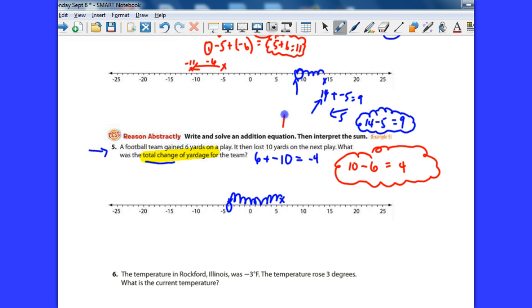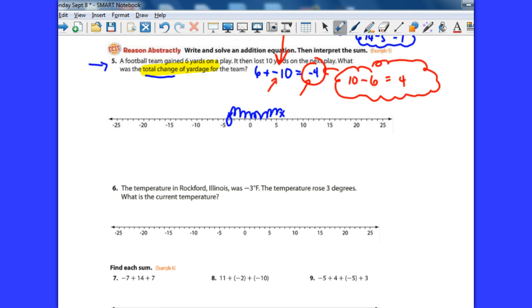Then you notice that the absolute value of the negative number is greater than that. So there's more negatives, right? There's negative 10 and there's 6 positive. So it's really negative 4, which is the change in the yardage. You figure that out by going 10 minus 6 is 4, but there's more negatives, so it's a negative answer. So negative 4 is how you do that.